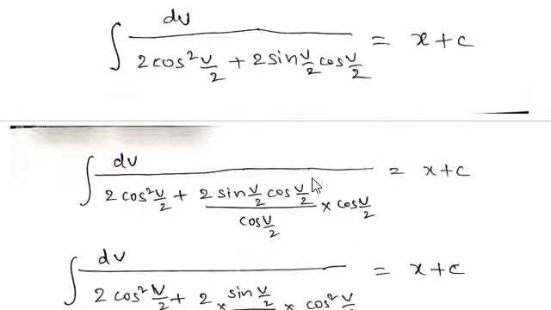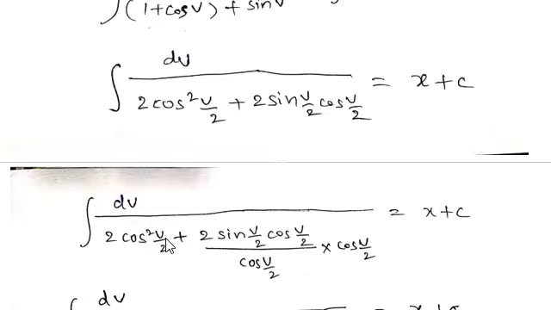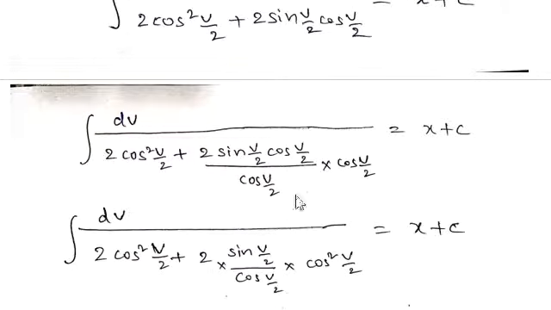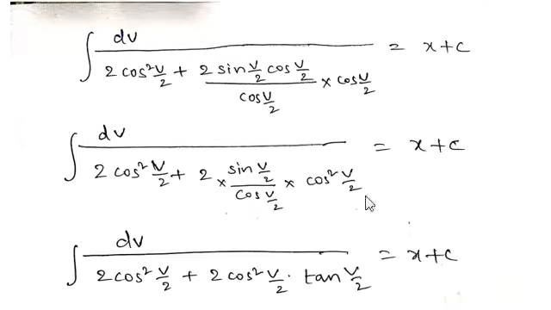Simplifying further, writing the first term as it is, and multiplying and dividing the second term with cos v by 2. We know cos v by 2 into cos v by 2 is cos square v by 2, and sin v by 2 by cos v by 2 we can write as tan v by 2, and the right side stays as it is.